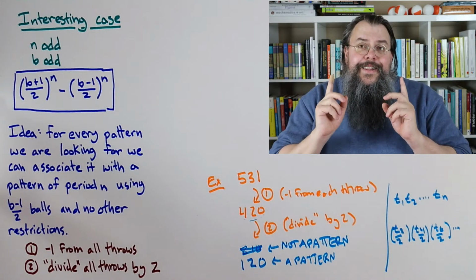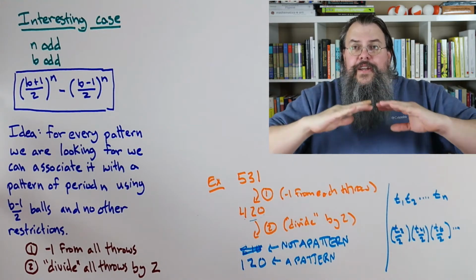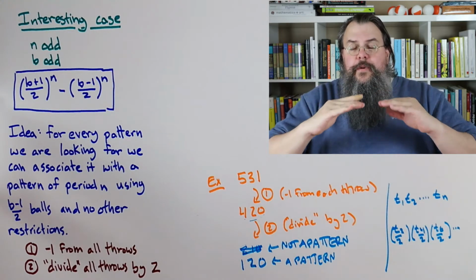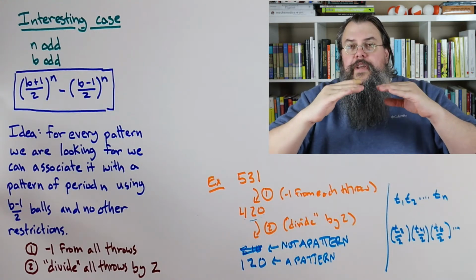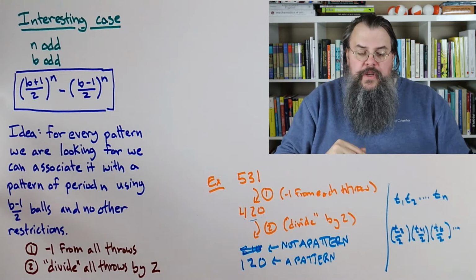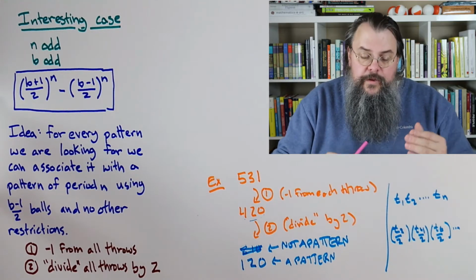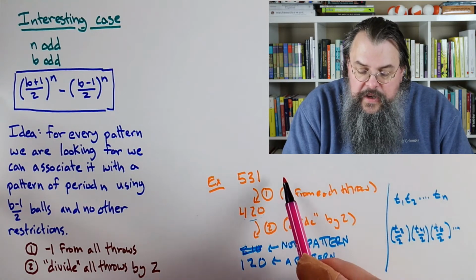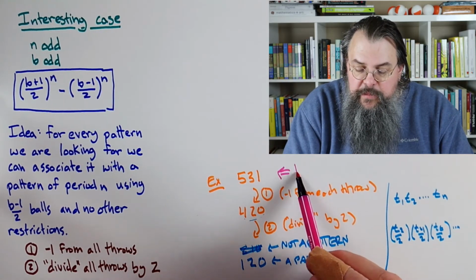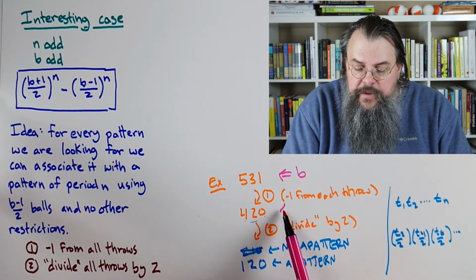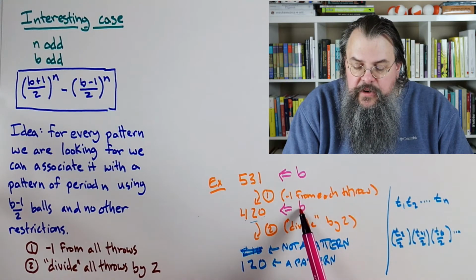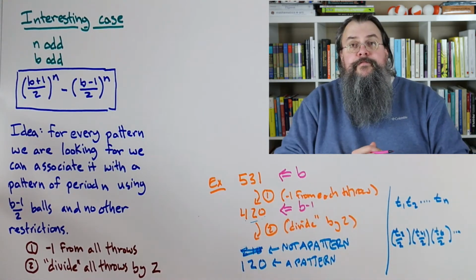All right, now that you sort of say, okay, here's this process, we can relate a pattern that we want to count with a pattern that we know how to count. Let's keep track of how many balls went along the way here. So initially, if this first pattern had b balls, then after the first step, if you subtract 1 from each throw, it's b minus 1.